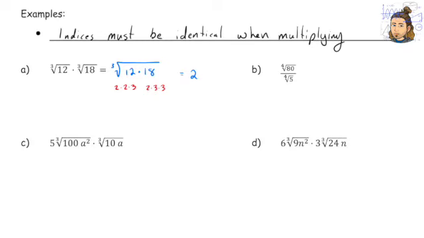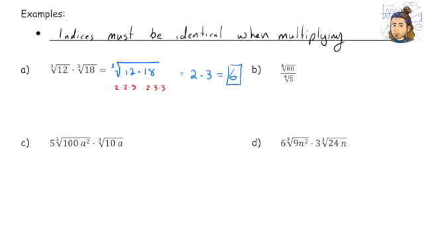And I have 3 3's, so that gives me a 3. And so the cube root of 12 times 18 is just going to be 6. Now, notice that I did not multiply 12 times 18. When I did this, that would just be extra work. I'm going to factor it anyway, so it makes a whole lot more sense just to factor it right away and not multiply that all the way out.